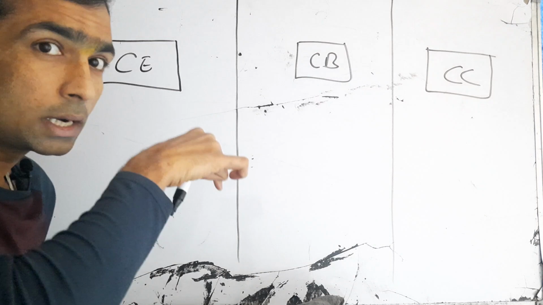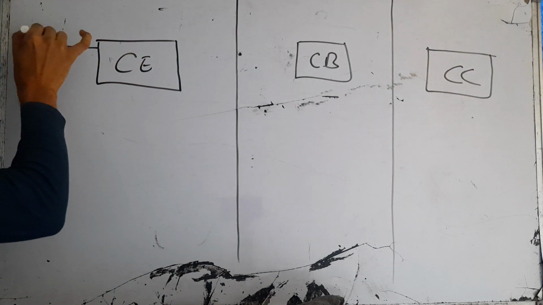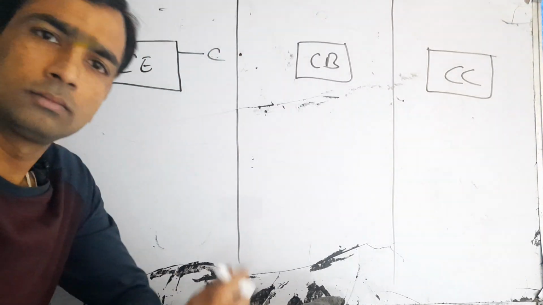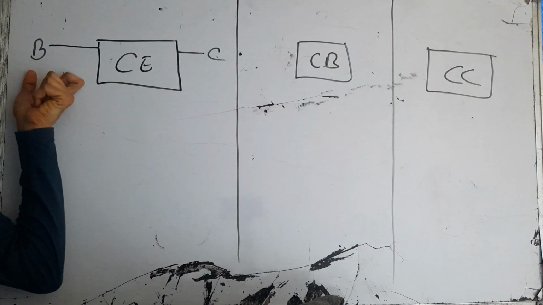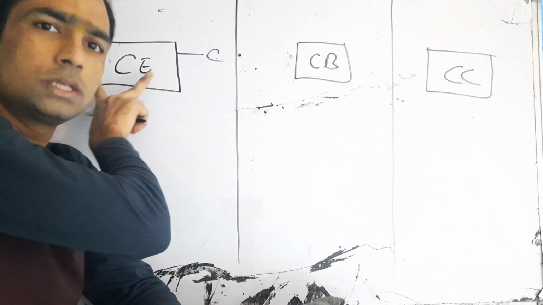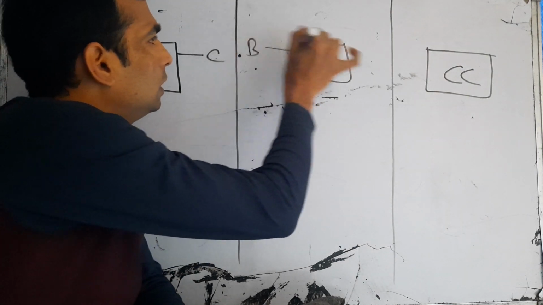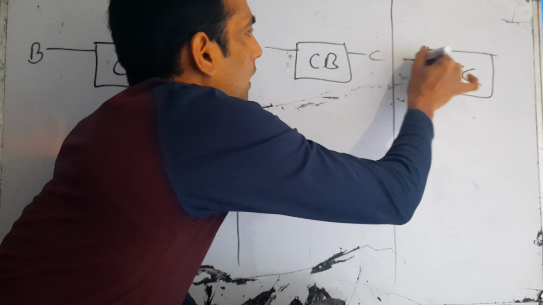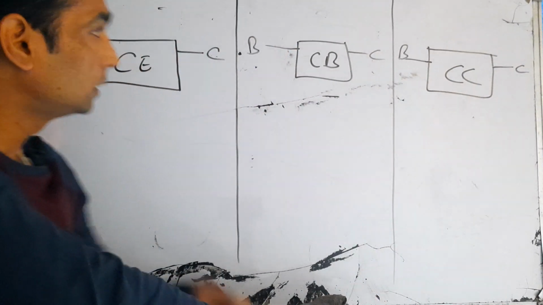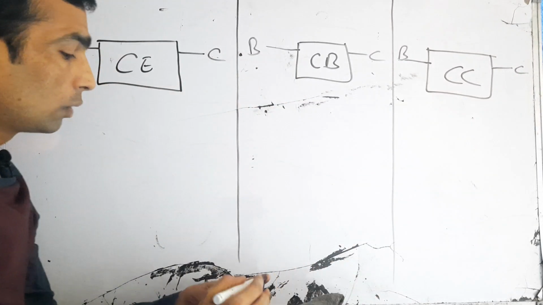This is the trick to generate the formula: input you apply at base, and output at collector. Input base, output collector, in the same way. This is the common scenario, and all of these are applicable.